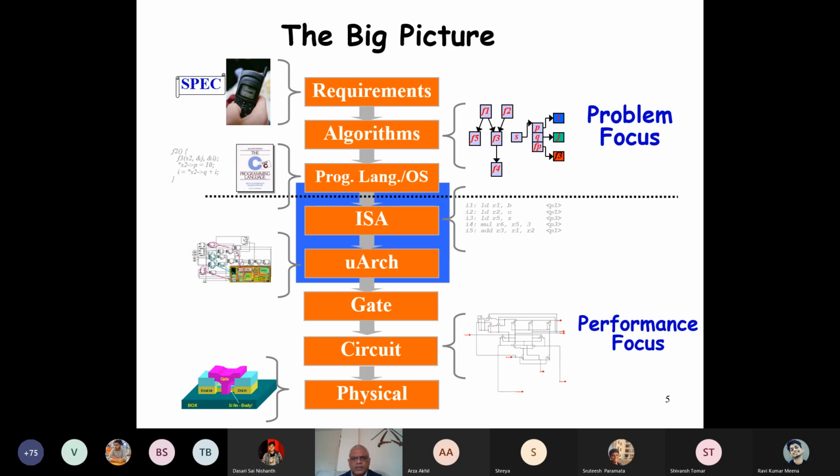So on the hardware, the main focus is performance. On the software side, the focus is on solving the problem.